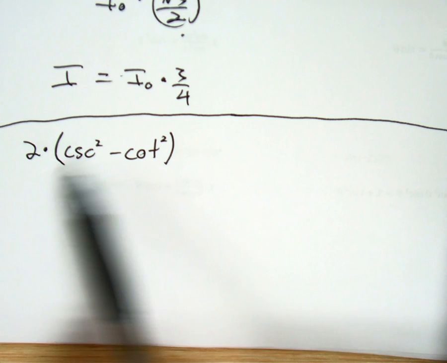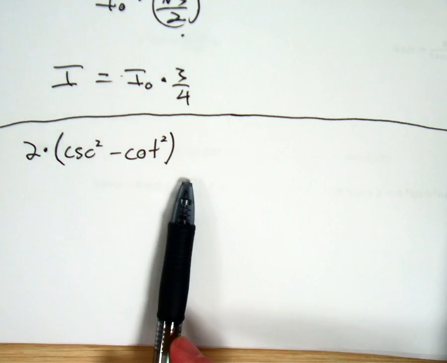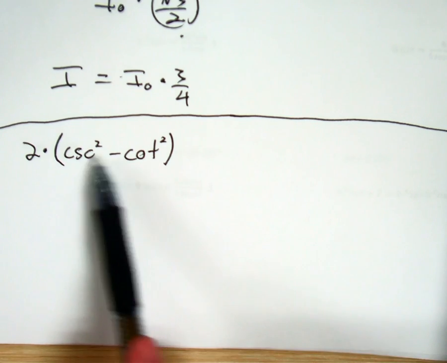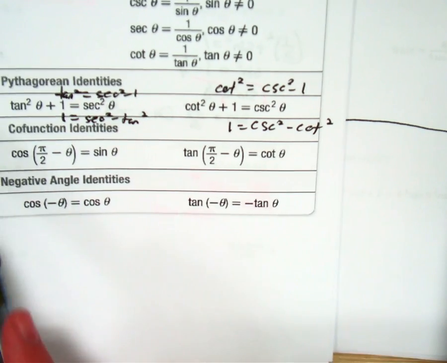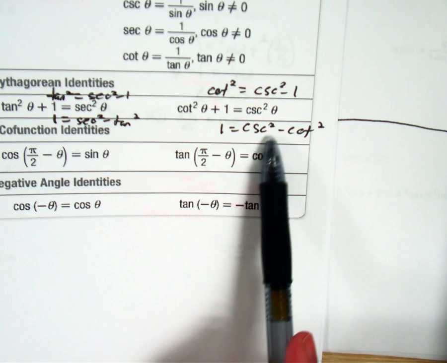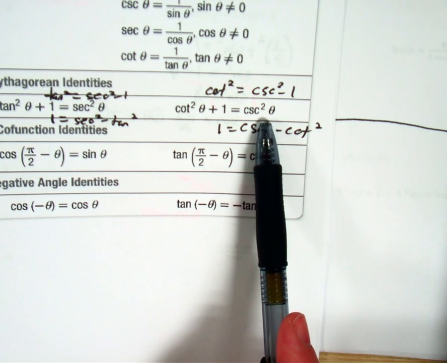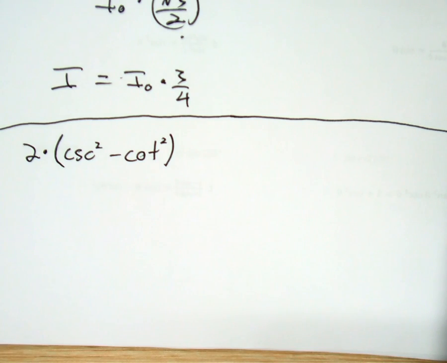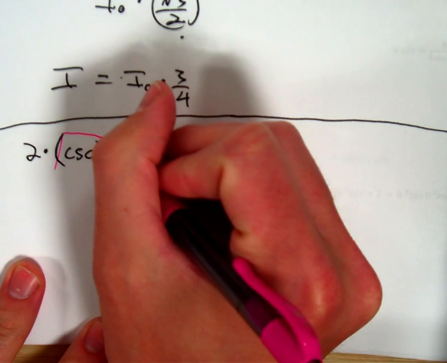Another shorter way is if you can find a substitution to make that's right off of your identity. Off your identity sheet, okay? So we got cosecant squared and cotangent squared. Okay? Cosecant squared equals cotangent squared plus 1.